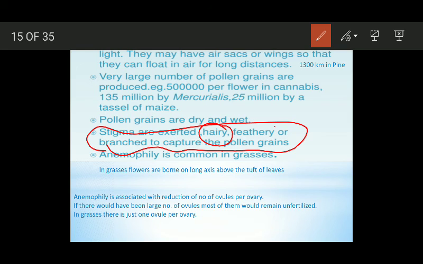Exserted means they are placed outwards, away from the flower, so that they can capture the pollen grains that float in the air. They are hairy, which also helps in pollen capture. They can be feathery, and all these things help the stigmas to capture the pollen grains.